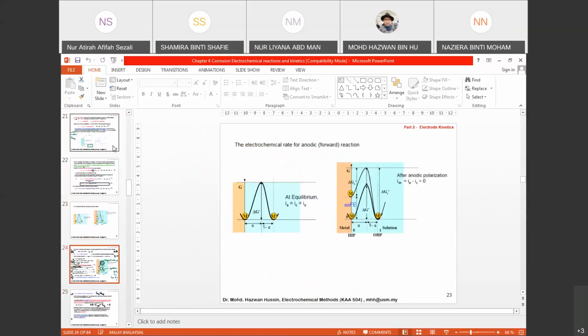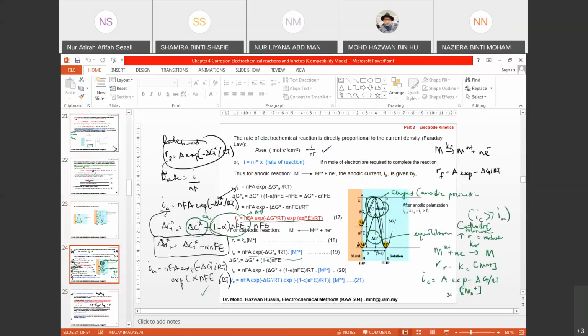So we have looked through the anodic current density when you experience anodic polarization, and also the cathodic current density when you experience the reverse reaction, or cathodic polarization.